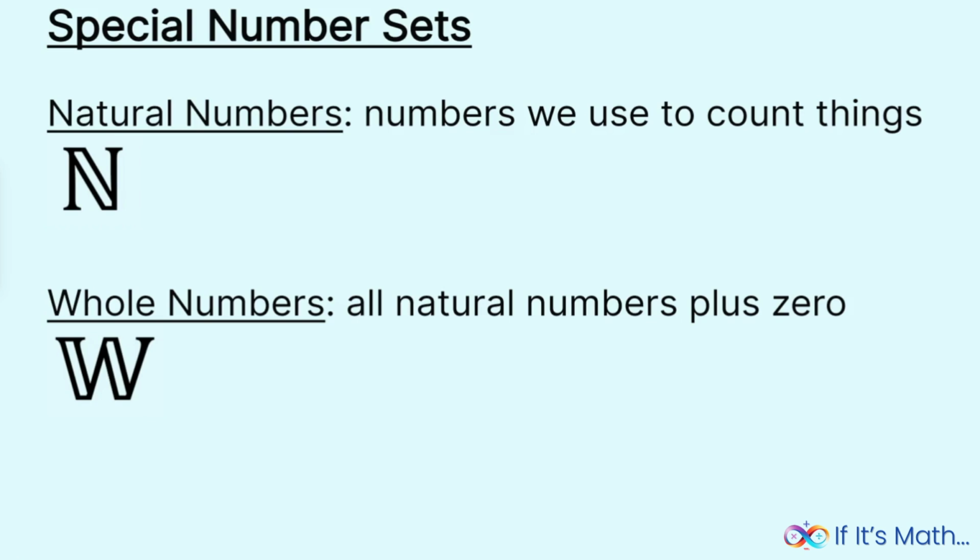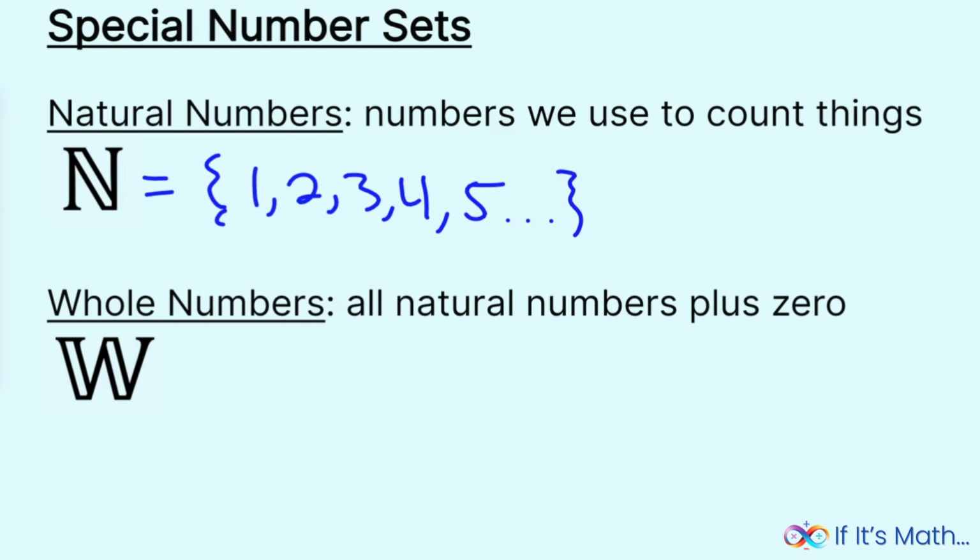So the first one we're going to do is natural numbers. So natural numbers represent the numbers that we use to count things. So if you had a basket of eggs, it would be the numbers that you're using to count those up. So really what it's going to give you is starting with 1, 2, 3, 4, 5, and so on forever. That's all there is to natural numbers.